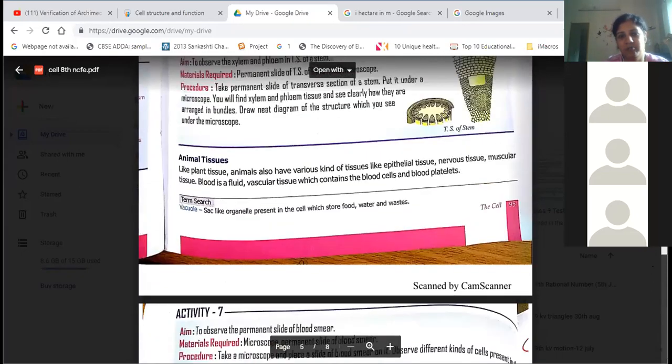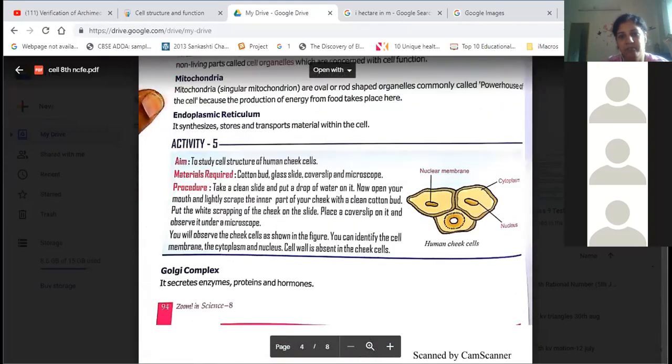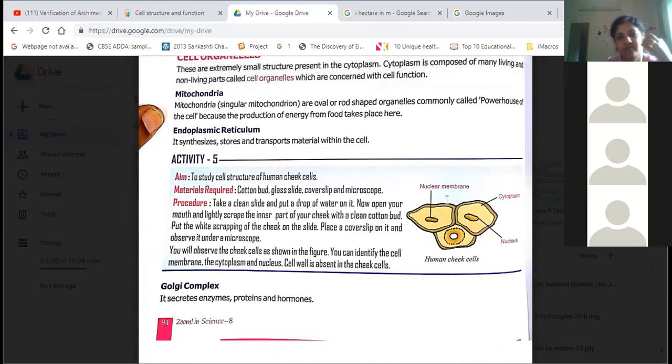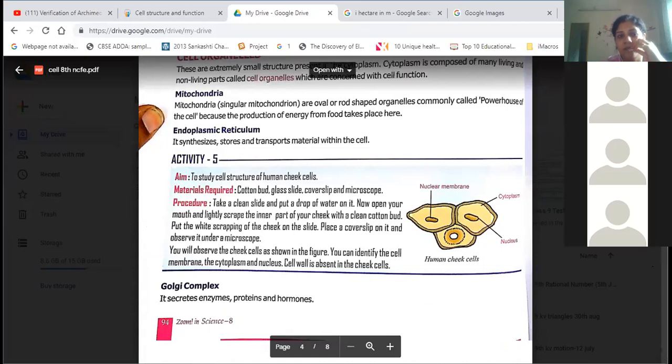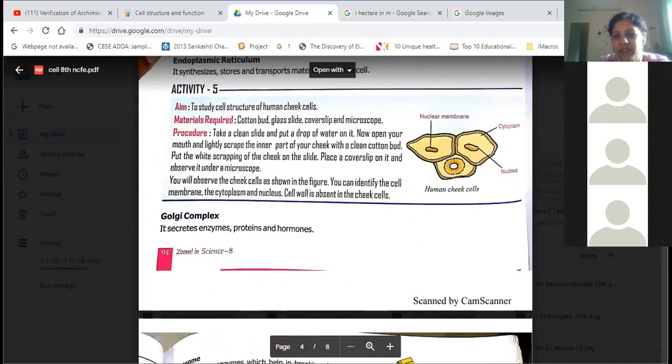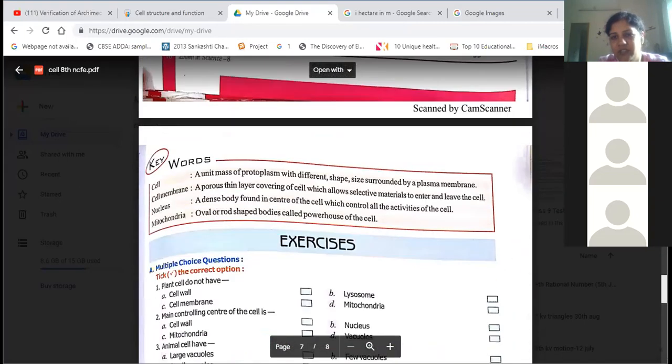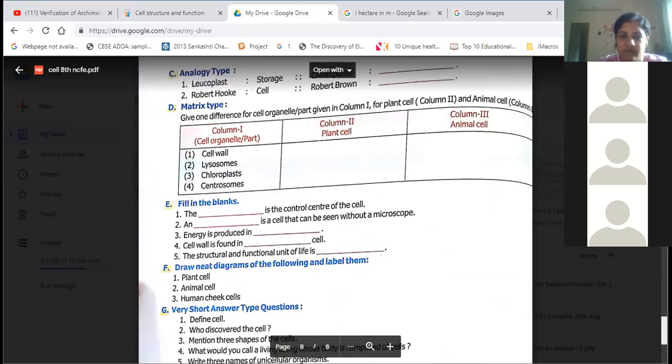A student asks whether to draw all the cell organelles for the human cheek cell, since the book has given a simple structure. You can draw the animal cell, that's enough, because all human cells are animal cells; we have taken the cheek cell as the example of an animal cell.